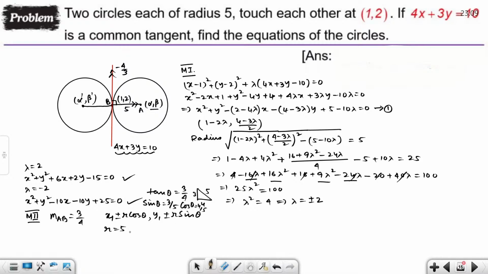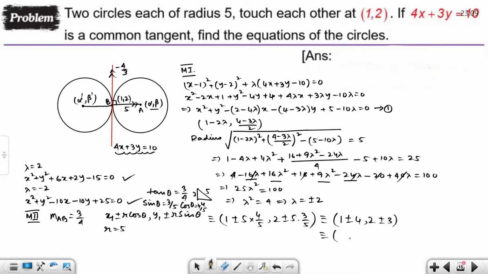Therefore the points will be 1 plus minus 5 into 4 over 5 and 2 plus minus 5 into sine theta, which is 3 over 5. Thus the centers are coming to 1 plus minus 4, 2 plus minus 3.